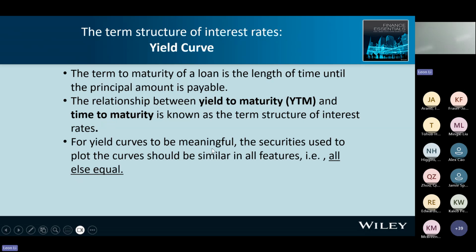For the yield curve to be meaningful, the securities used to plot the curve should be similar in all features. That means all else equal. So when we discuss the relation between YTM and the time to maturity, we have to control other variables, right? All else equal means other things are constant.